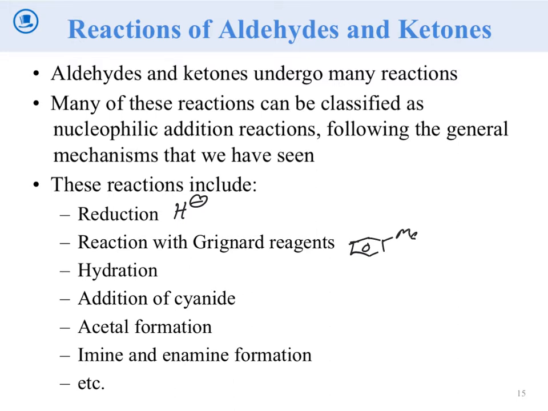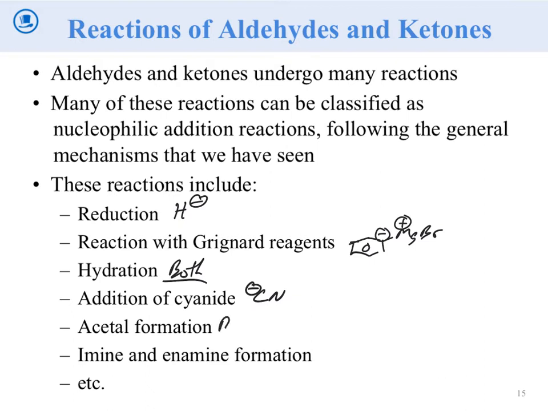Well, Grignards have a carbanion. Those would be basic conditions. Hydration can actually be both, and we'll talk a little bit about that. Acidic and basic. Addition of cyanide, so something like CN minus, that would be basic conditions, right? Negative charge carbon.